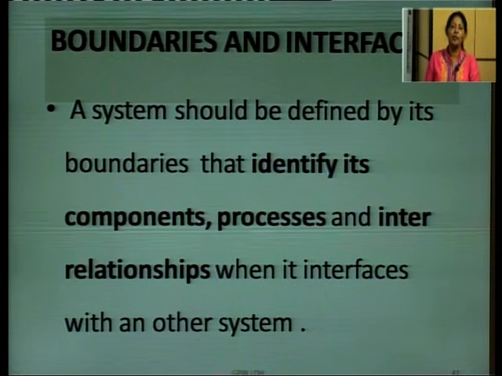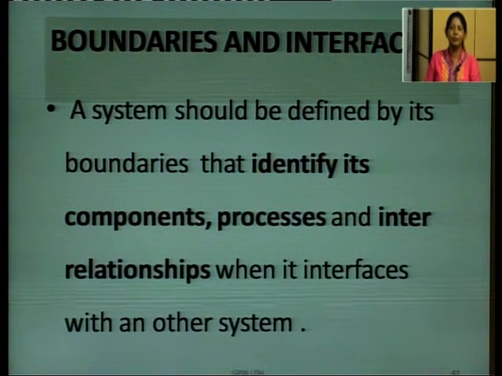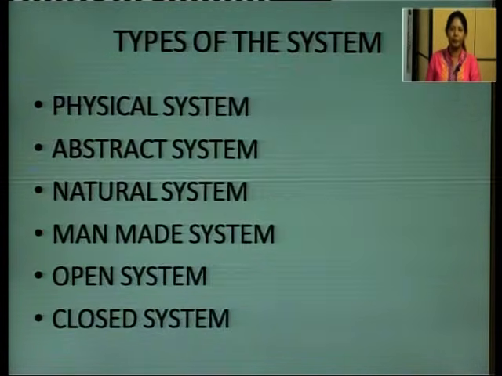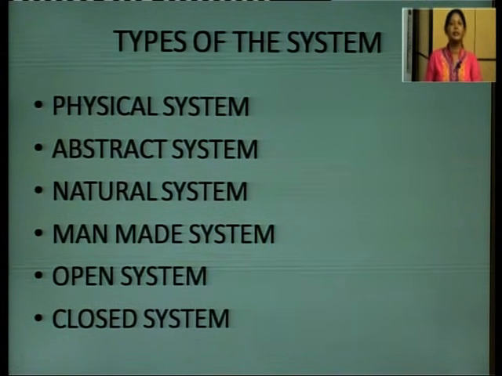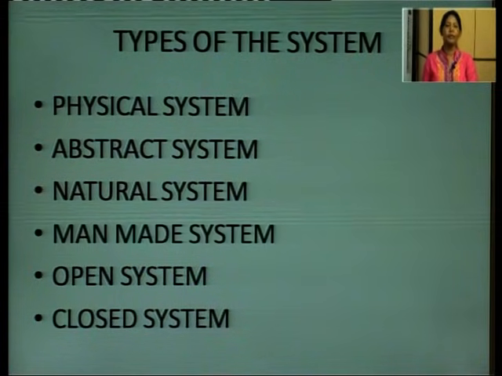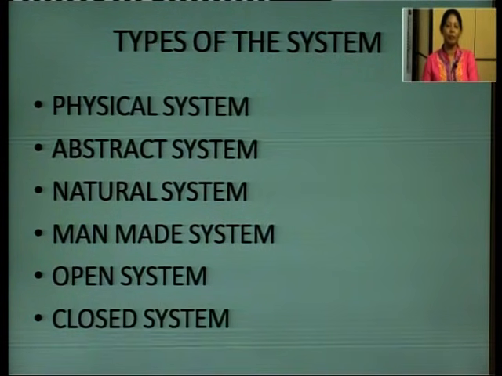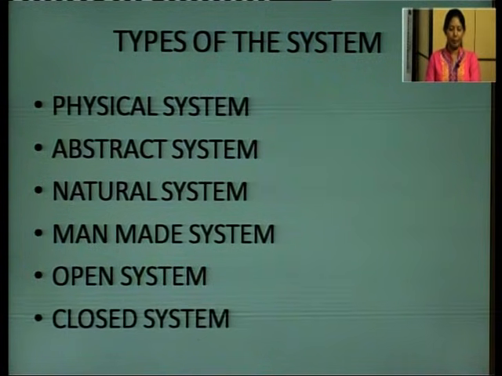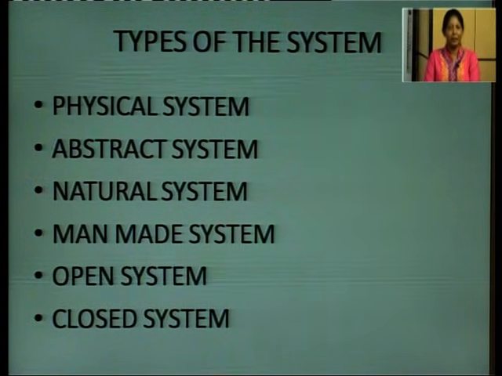Next are the types of systems: the physical system, abstract system, natural system, man-made system, open system and last but not least the closed system.